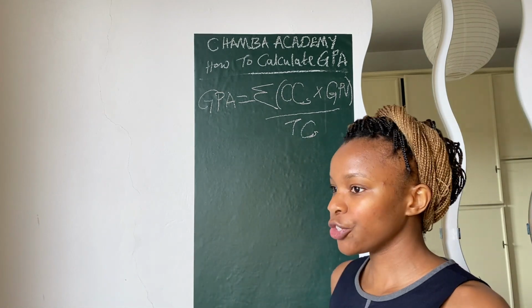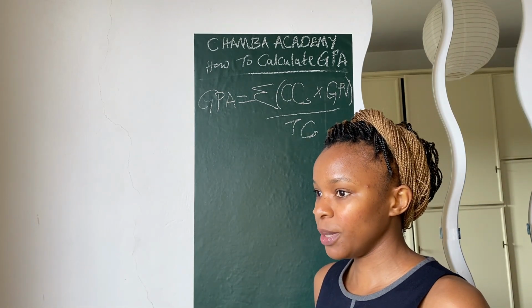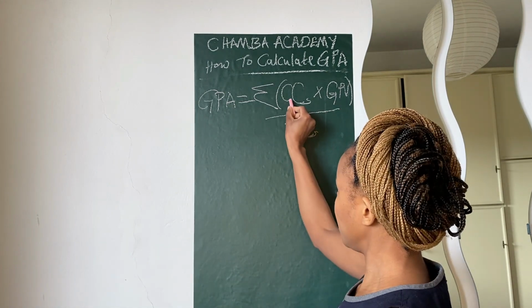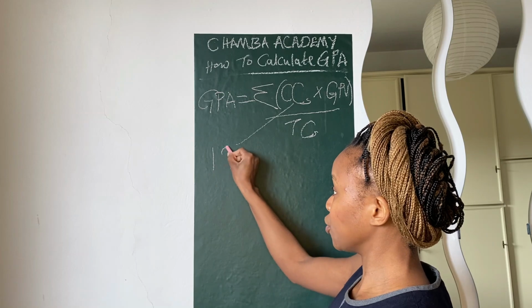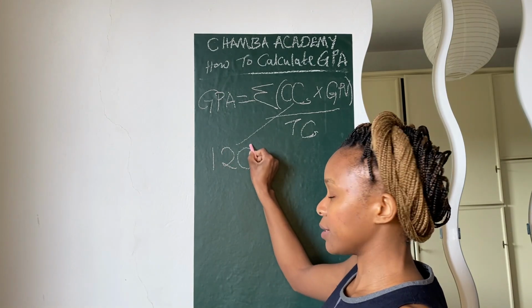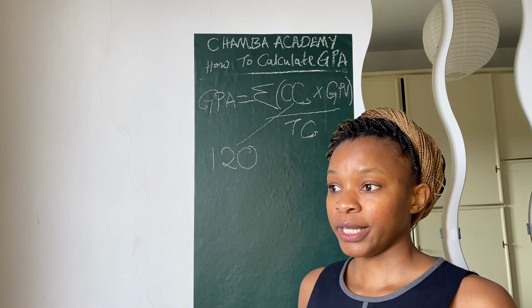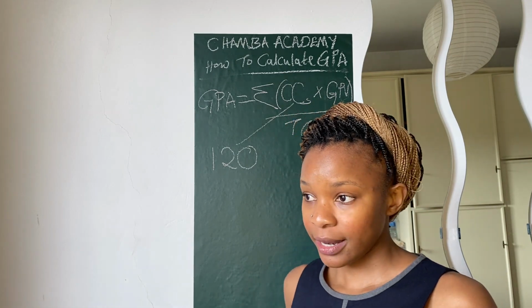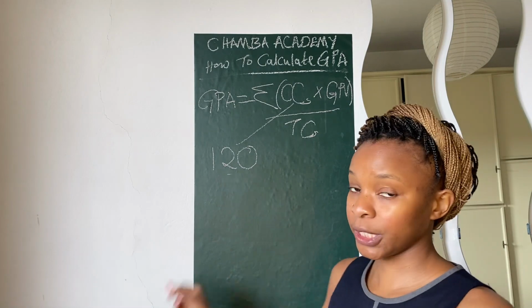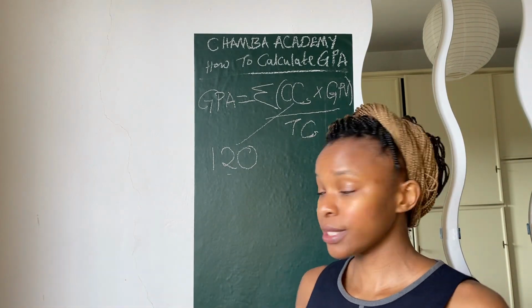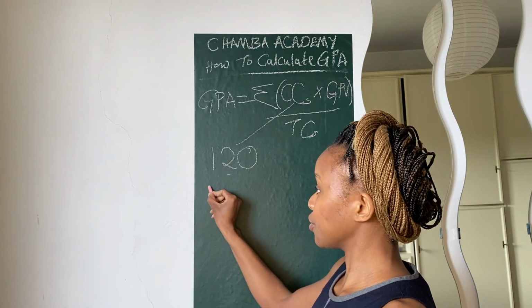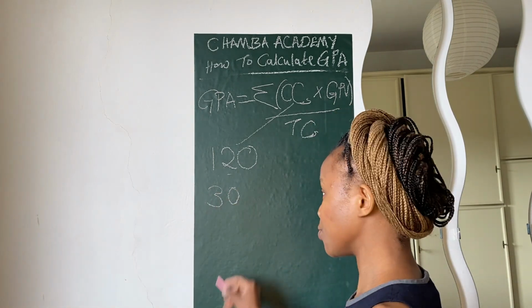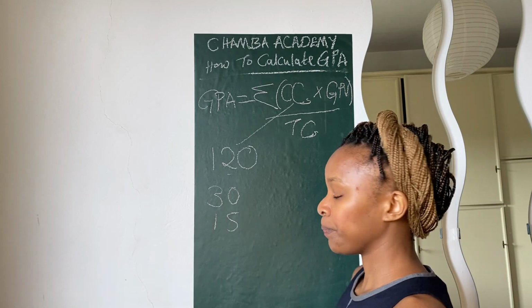So each year, as per university, you have a minimum of 120 credits that you can accumulate for the courses that you take in that specific year. And out of these 120 credits, a full course is equivalent to 30 credits, and a half course is equivalent to 15 credits.